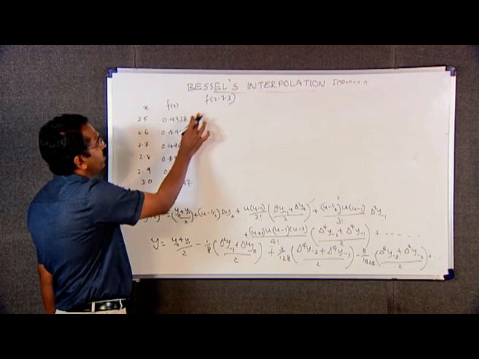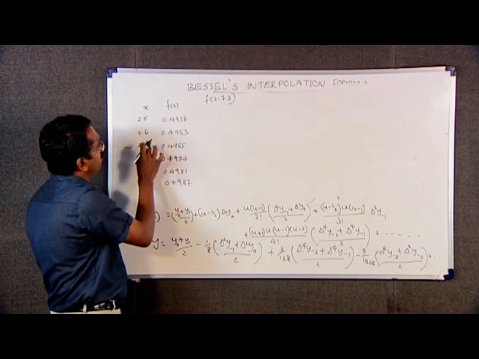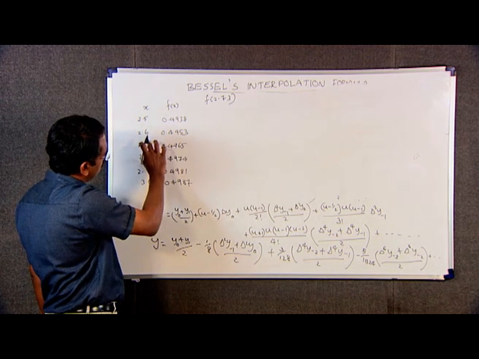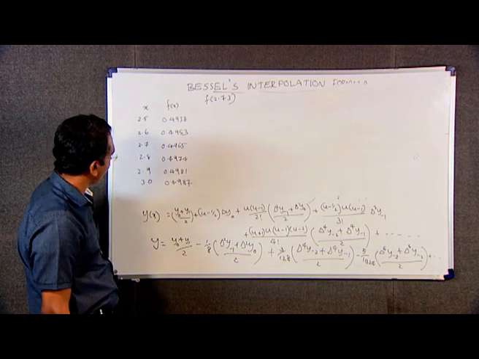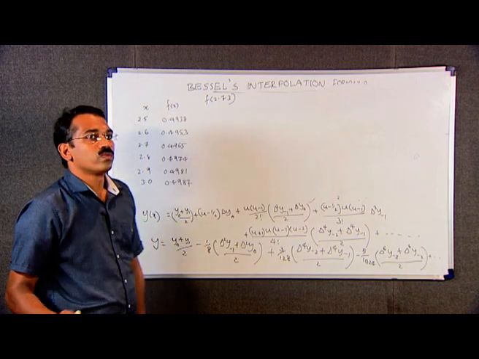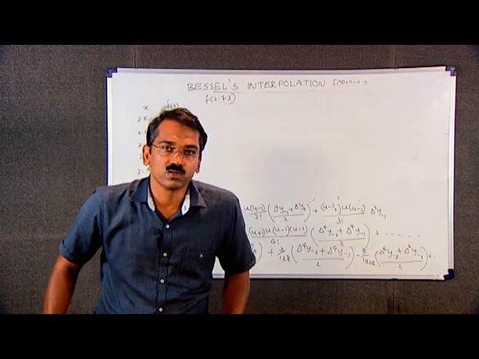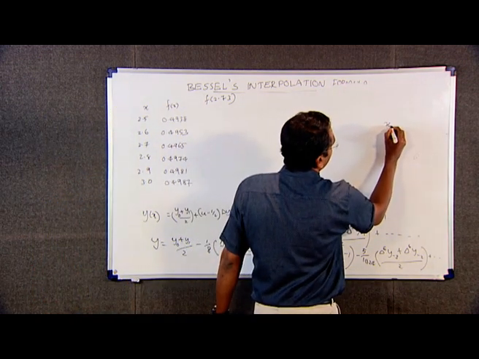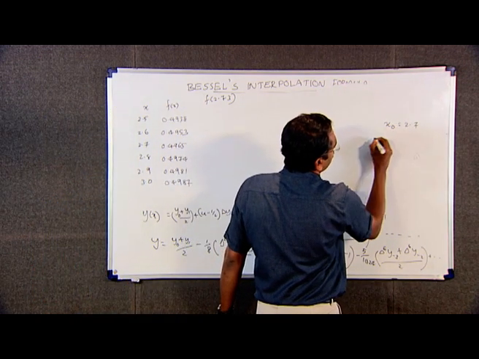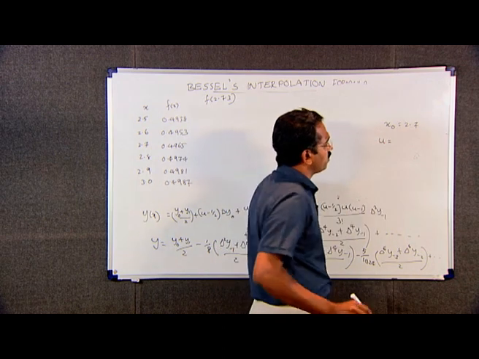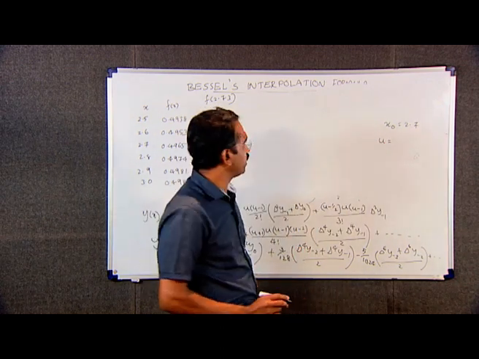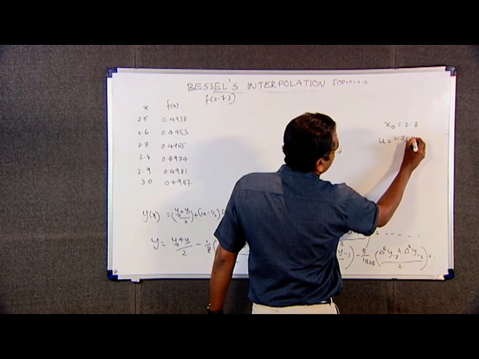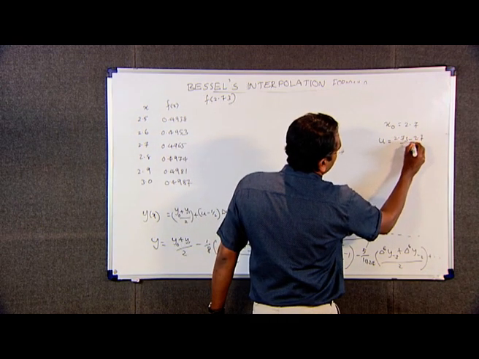Note that 2.73 is near this central value. In order to get better accuracy, we can choose x0 as 2.7, because the value of u is x, which is 2.73, minus x0, 2.7, divided by h.